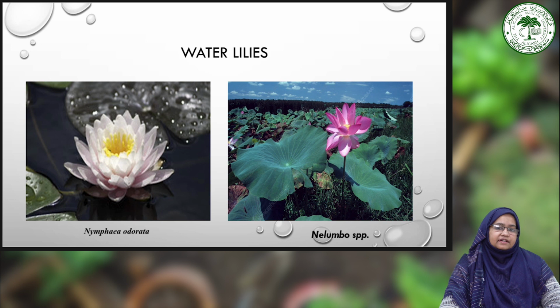The next most important category of water plants is water lilies. These water lilies are deep water plants which thrive submerged beneath the water surface, but their leaves float on the surface of the water and they also flower on the surface of the water, as we can see in these images.